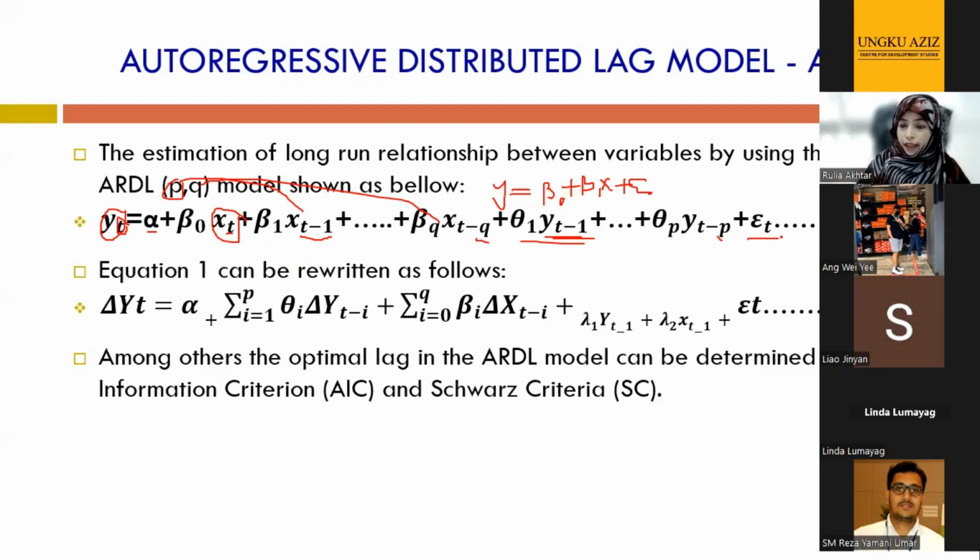You see here, the error term, we didn't put any lag, because our model is the autoregressive distributed lag model, so we ignore that here. Now this is the difference, or change, of Y t, and this until this.